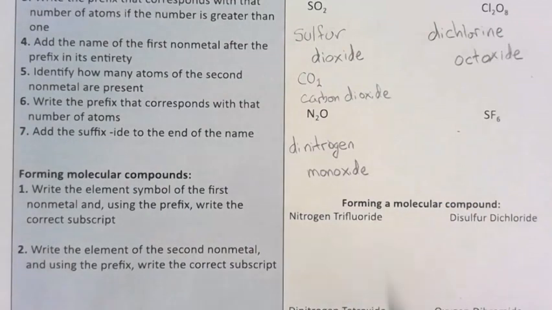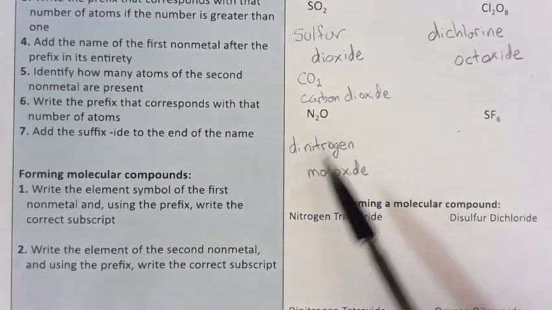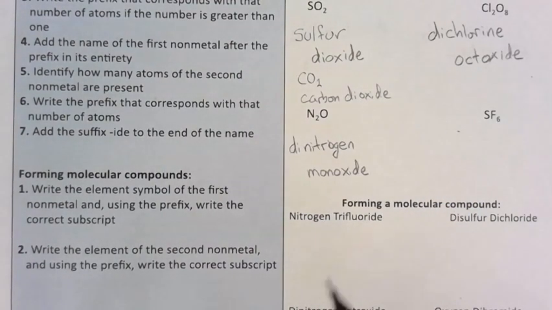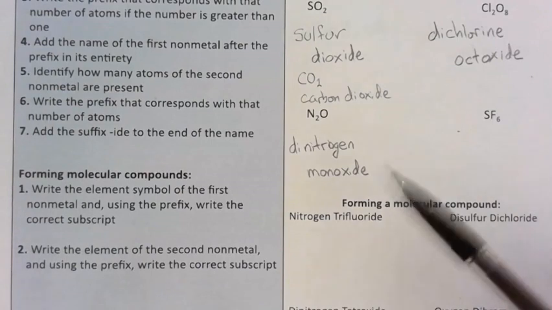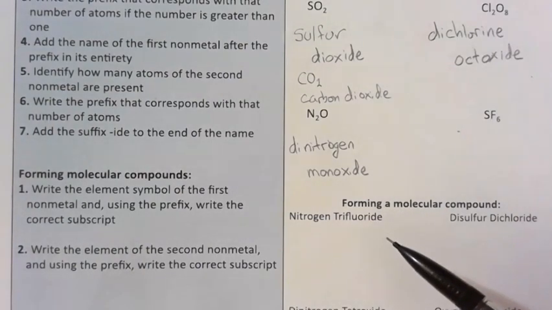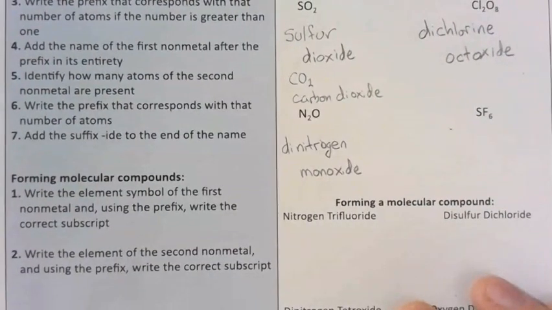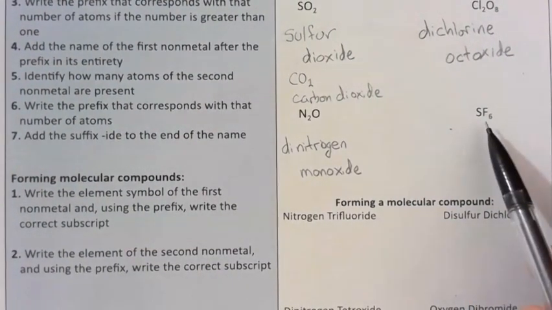A lot of times when you get to these nonmetals that start with a vowel, you cut the ending vowel off of the prefix. So if you said monooxide, again, same idea, not a big deal, but the actual full name for this is dinitrogen monoxide. And then for our last example, again, we've got the first element by itself.